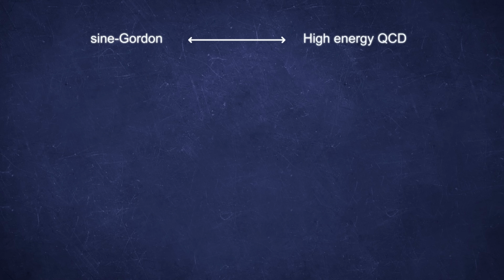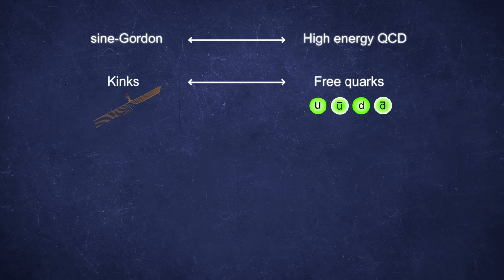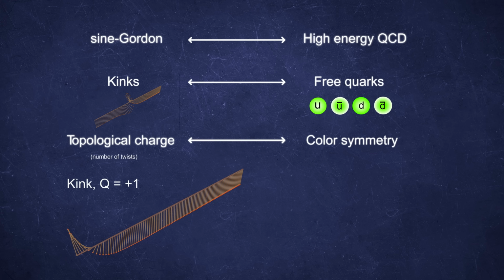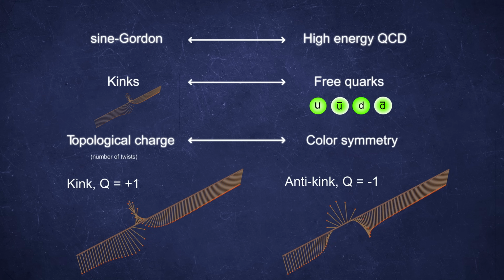But there is much more you can do with these models. You can find a duality between this model and high-energy QCD, where you have free quarks as kinks. Then the color symmetry can be represented by a topological charge, which tells you how many times the solution is twisted around. For example, a kink has a topological charge of 1, whereas an anti-kink has -1.